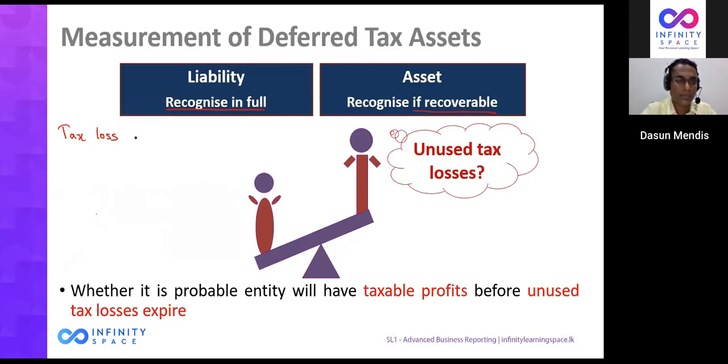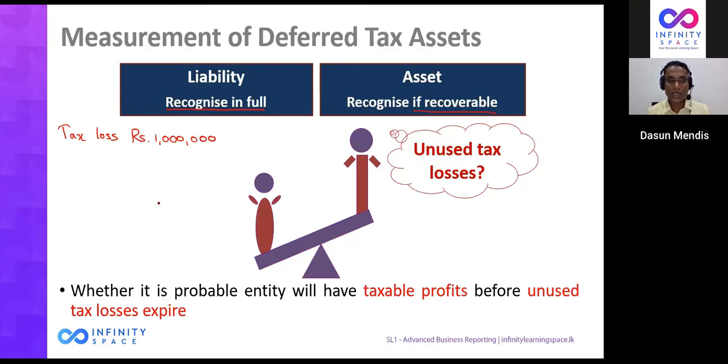The company has made a tax loss of, let's say, 1 million rupees. Once you make a tax loss, you can carry this tax loss forward to the next financial year and set it off against future profits. That means in future, when I have tax profits, I can set off this tax loss and I can pay less taxes in the future.